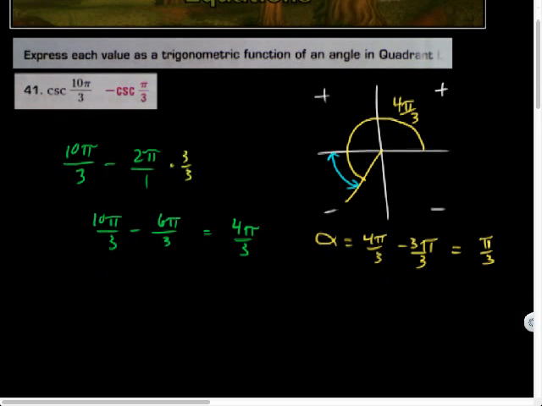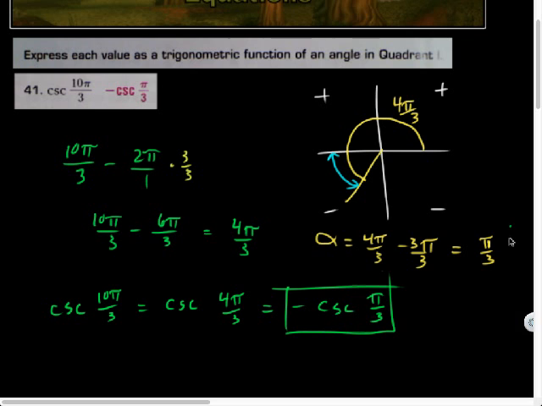So let me fill in some gaps here. If I have cosecant of 10 pi over 3, that's the same as cosecant of 4 pi over 3, coterminally speaking. And that's the same as negative cosecant of pi over 3 in terms of the reference angle.